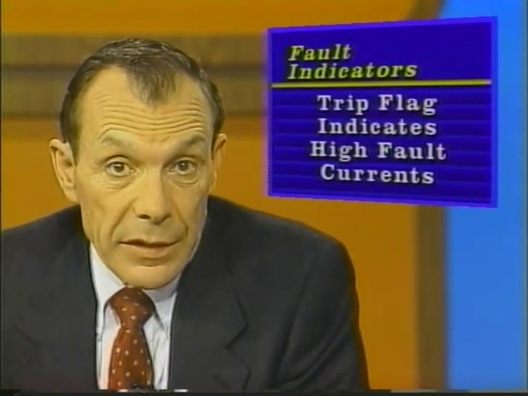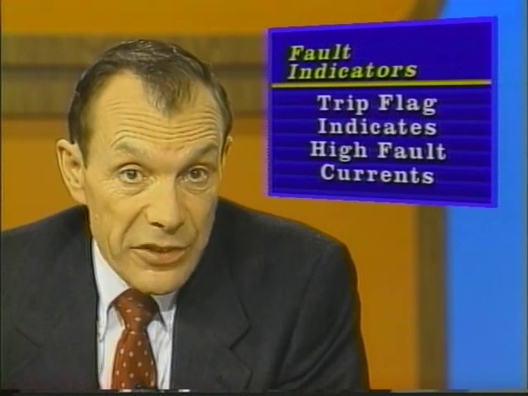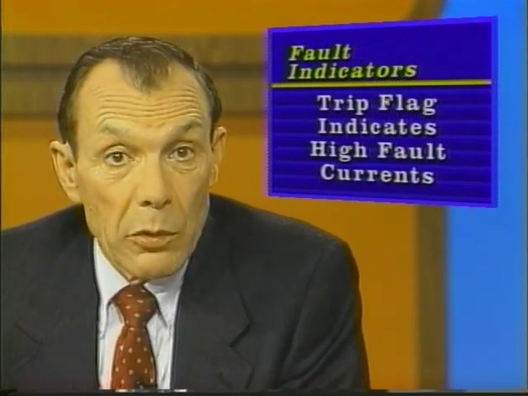If fault indicators are installed, you can move down the route of the primary run that's in trouble and check each transformer or position with an installed fault indicator. Each tripped flag indicates that high fault currents have passed through the cable. When you arrive at the first enclosure where the indicator has not tripped, you can be sure that the fault lies between this position and the last enclosure where the fault indicator had tripped a flag.